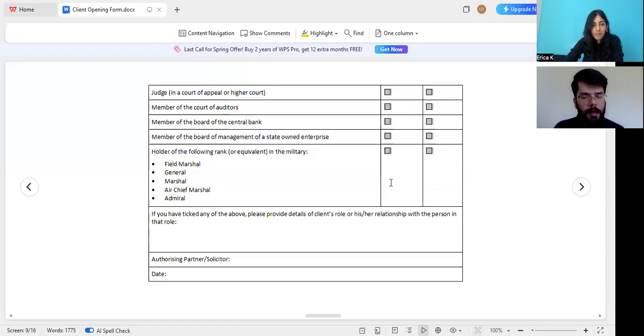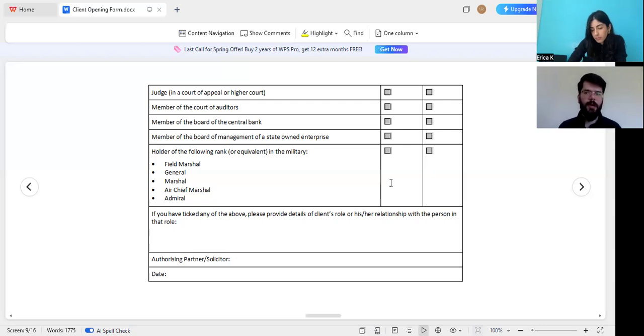And then there is another continuance of this list: judge, member of the Court of Auditors, member of the Board of Central Bank, member of the Board of Management of a state-owned enterprise, holder of the following rank: Field Marshal, General, Marshal, Air Chief Marshal, Admiral. Now, these are all very high risk positions where you have access to either monies of the state or documents of the state.